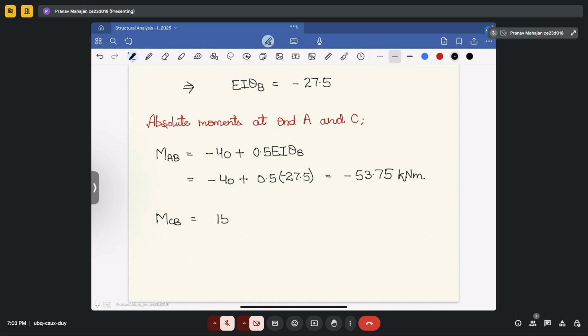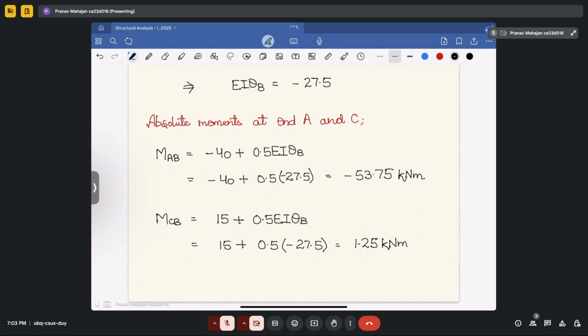It is equal to 15 plus 0.5 into EI theta B. That means 15 plus 0.5 into minus 27.5 to be equal to, and this value comes out as plus 1.25 kilonewton meter.